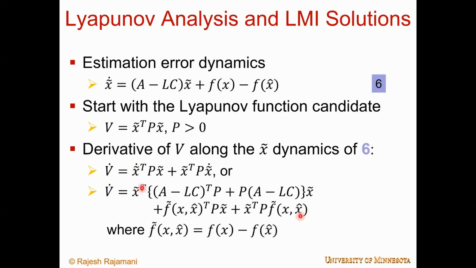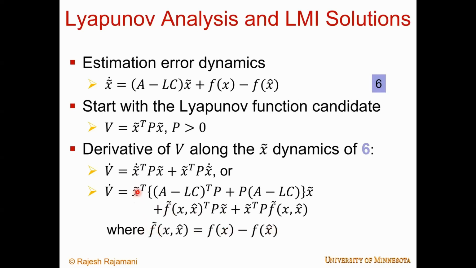V dot then turns out to be the quadratic term x tilde transpose times (A minus LC) transpose P plus P (A minus LC) times x tilde, plus sign-indefinite terms. These are cross terms involving f tilde and x tilde, where f tilde is f of x minus f of x hat.